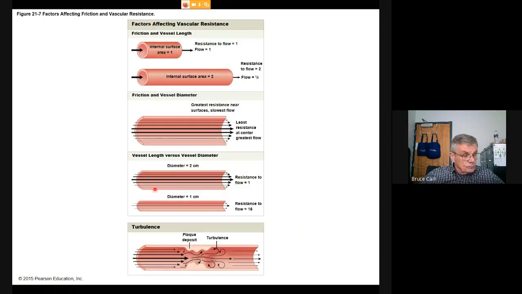Now, the movement of blood through our tubular vessels is a physical feature. The principles that are shown on this page, affecting the friction, the resistance, and the consequent blood flow through our arteries, veins, and capillaries, is basically hydrology, the movement of a fluid through a pipe.